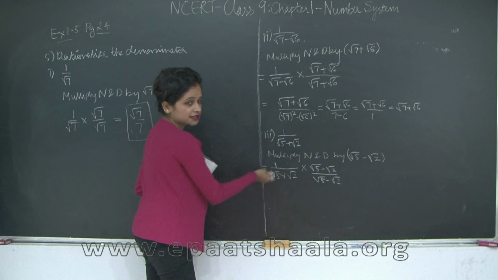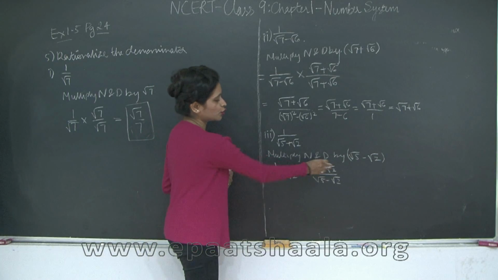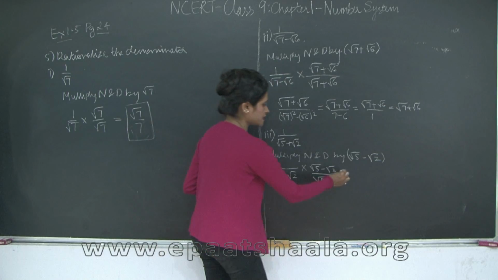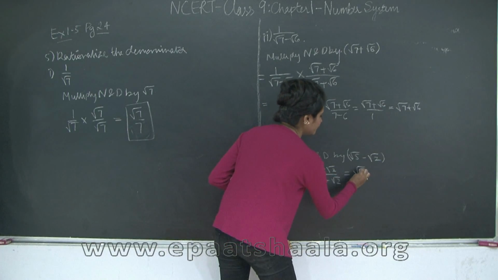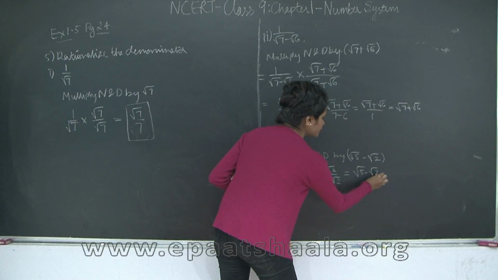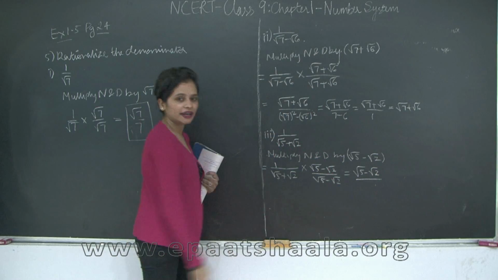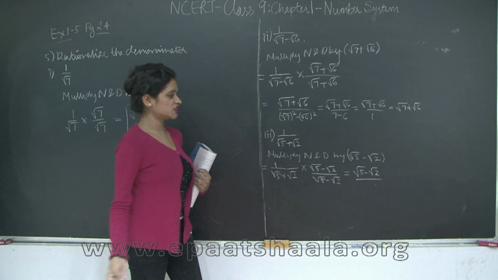Now let us take a look at the numerator. 1 into root of 5 minus root of 2 will give me root of 5 minus root of 2 itself. So root of 5 minus root of 2, and the denominator is nothing but a plus b into a minus b, which is a square minus b square.